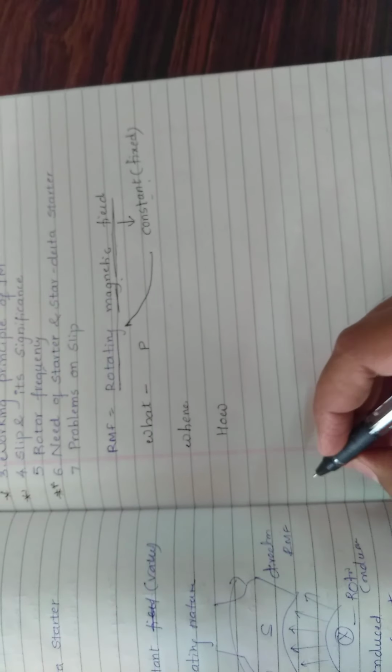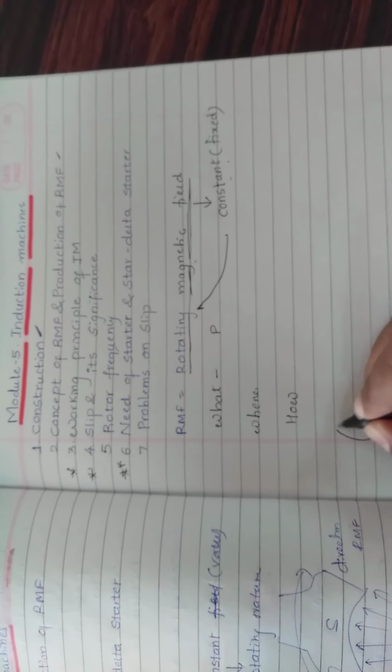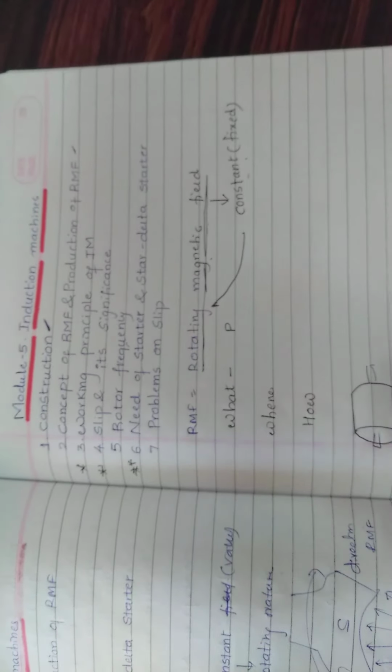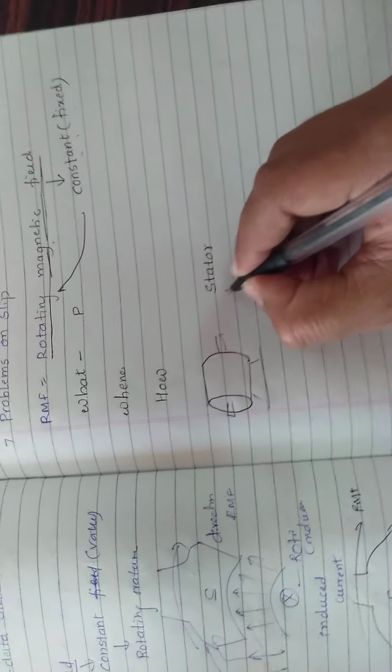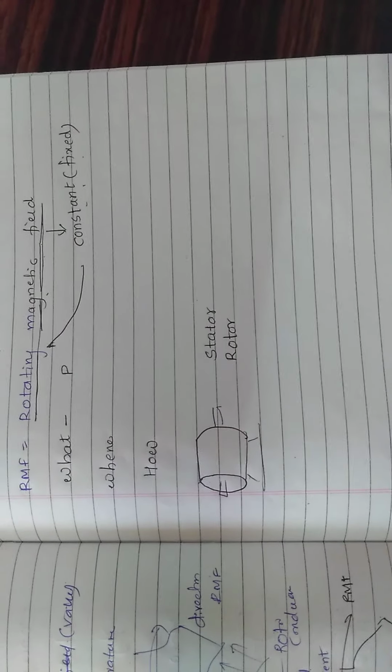Now, as per the construction we have studied, it is the motor. The motor consists of a stator and a rotor. These two main parts we have in the induction motor.